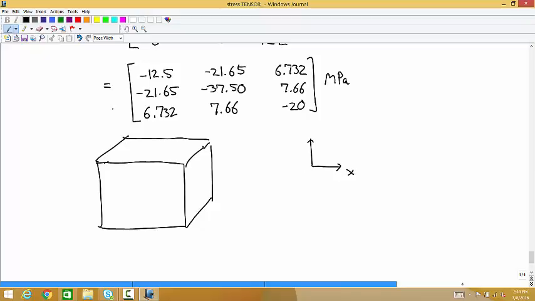I'm going to draw the stress element in the usual orientation, but now we have 12.5 going into the x face. On the x face we have 21.65 acting down. On the x face we have 6.732 in the z direction.